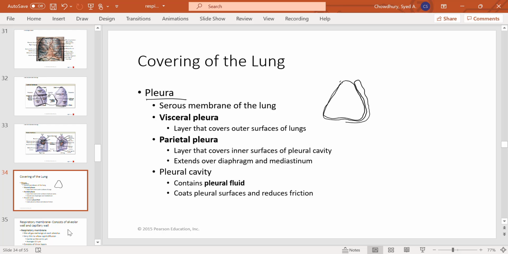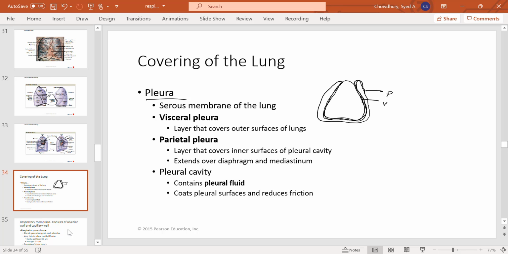So this is the outer layer, and this is the inner layer. So inner and outer, two layers of the pleura. So the outer layer is called the parietal and the inner layer is called the visceral.